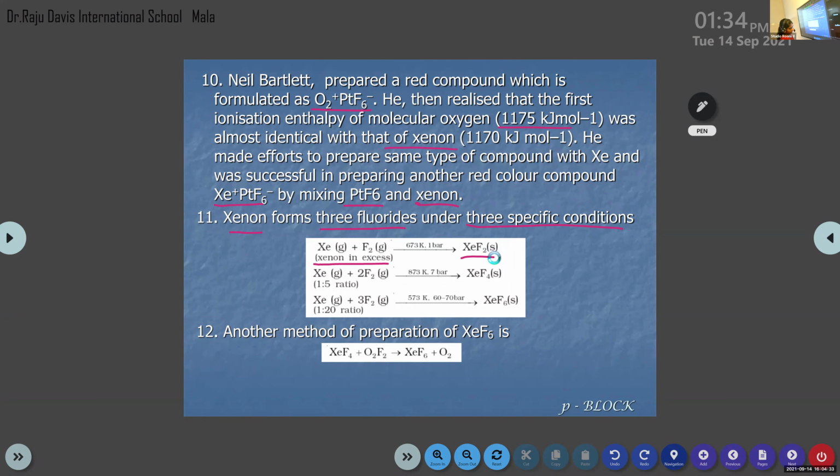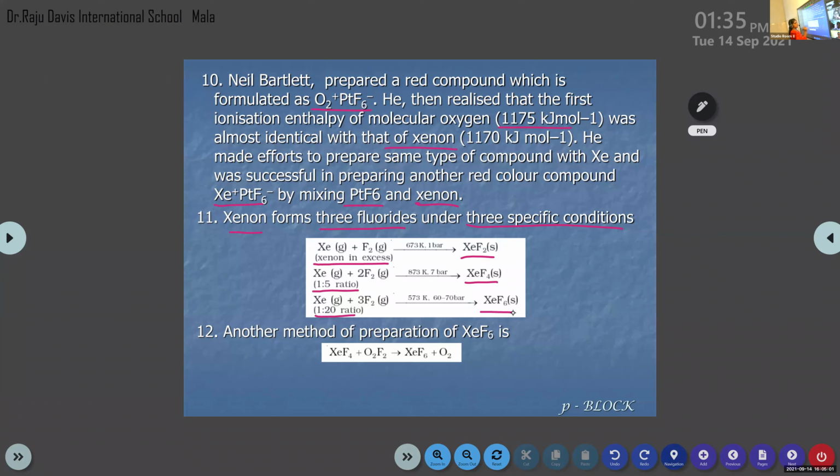Clear, children? The next one, xenon plus fluorine, here the ratio is 1:5 and the product is XeF4. The change is in temperature and pressure: temperature is 873 Kelvin and the pressure is 7 bar. And the last one, xenon and fluorine, the ratio is 1:20. Then the product formed is XeF6.